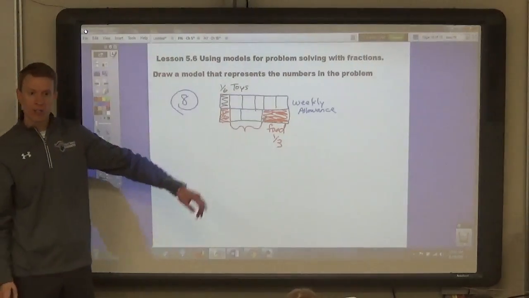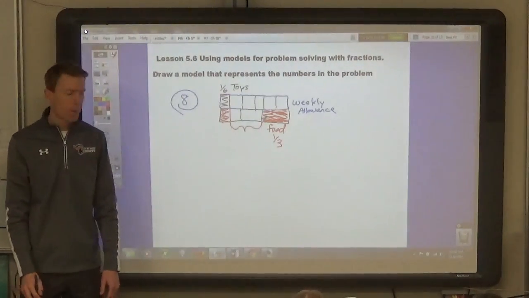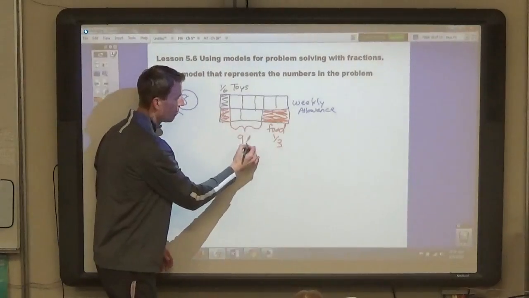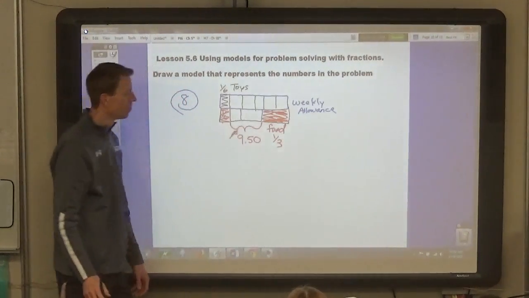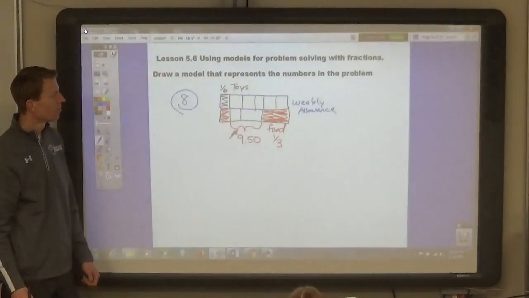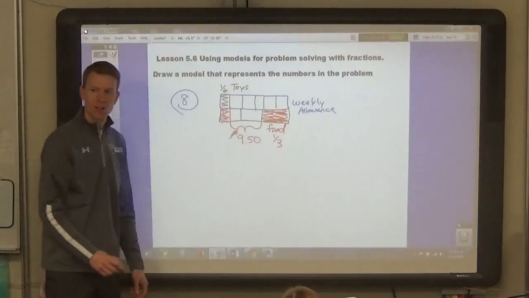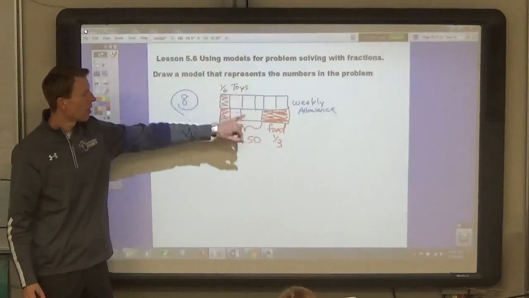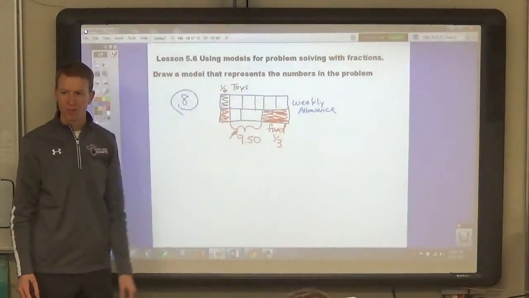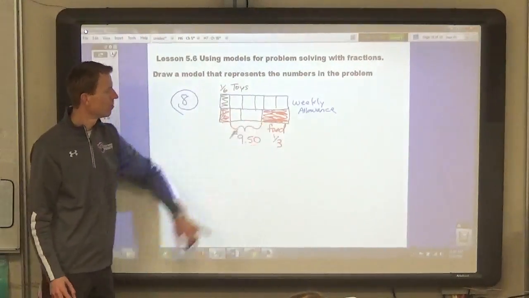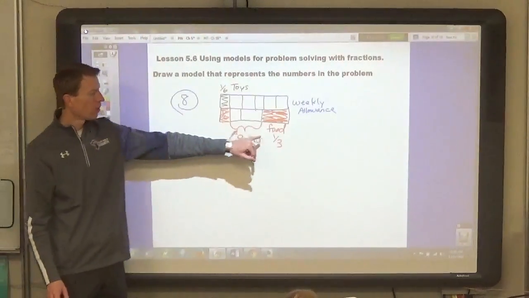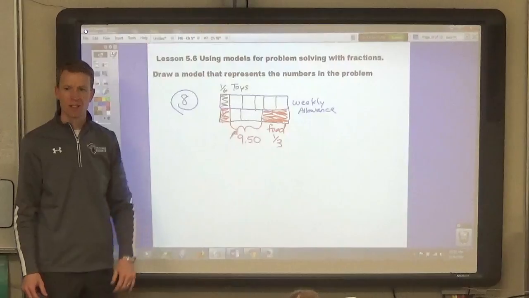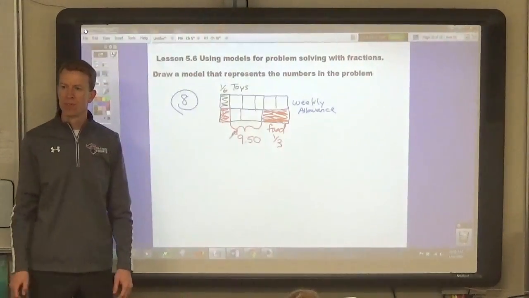Oh no, we know what is remaining, right? $9.50. Okay? Now, if we use a common multiple here, what is a common multiple of 1/3 and 1/6? 6.